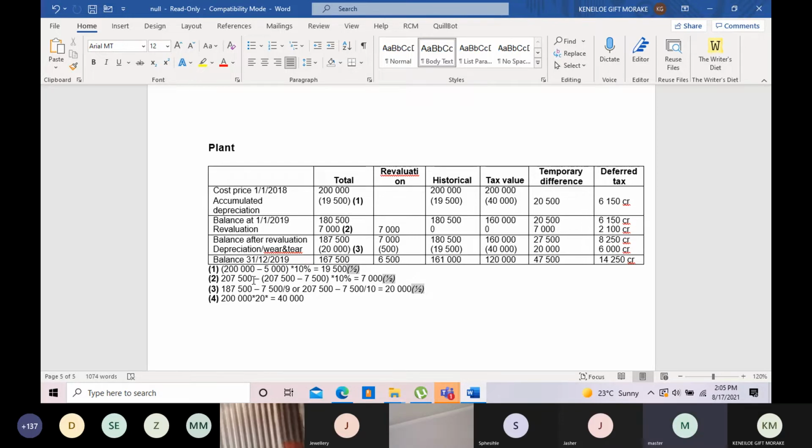You take that amount. Let me also calculate with you. Listen to that very carefully, because tomorrow you will see these concepts like gross replacement value or net replacement value. In this case, we are given the gross replacement value, not net replacement value.